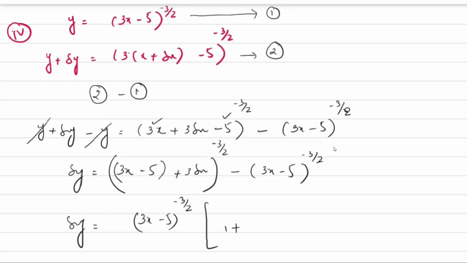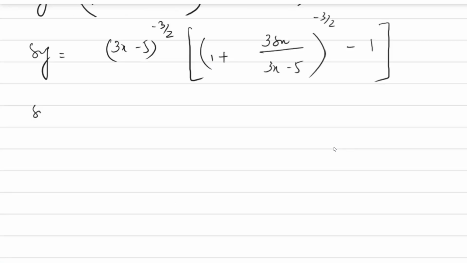So it would be 1 plus 3 delta x by (3x - 5), minus, as we have taken it common, so minus 1 will be there. Now delta y is equal to (3x - 5) raised to the power -3/2.